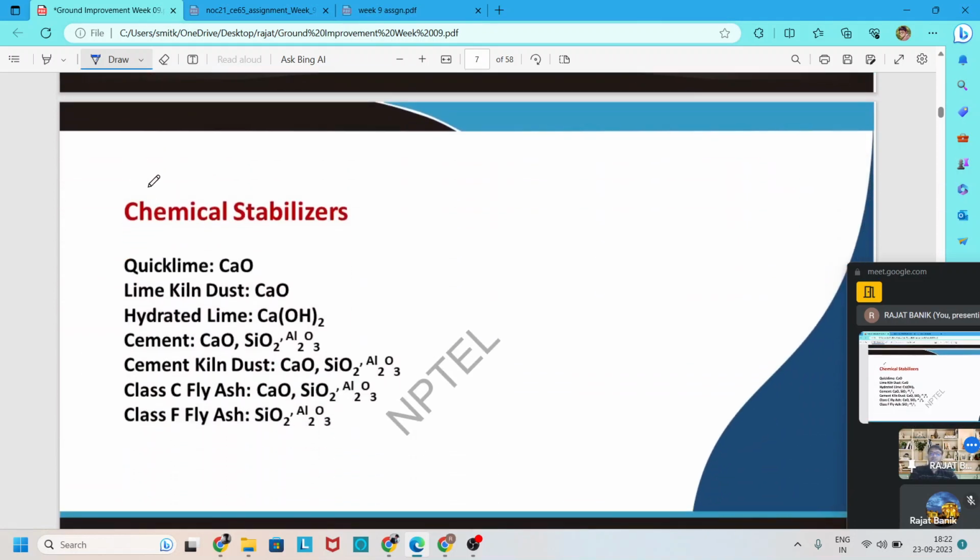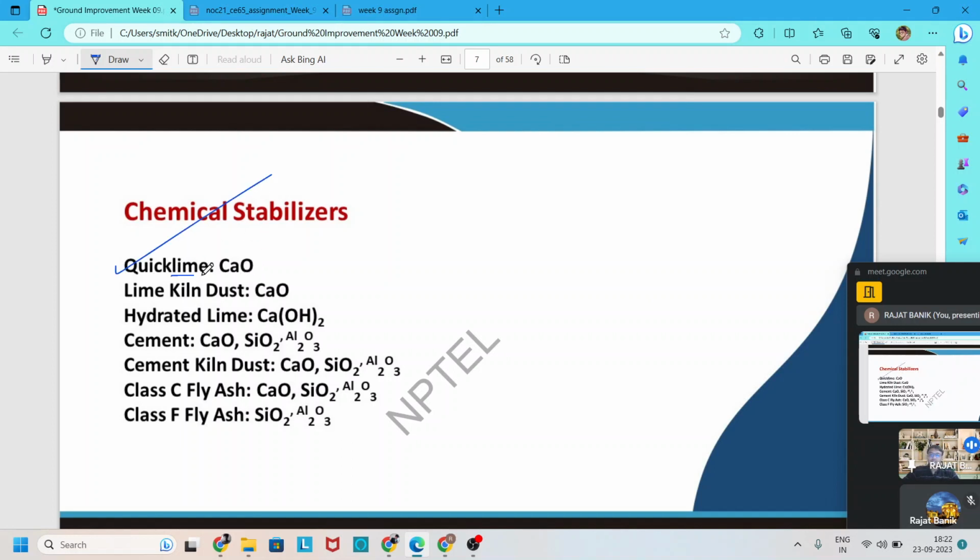Now we discuss chemical stabilization. Before discussing chemical stabilization, we discuss the different chemical stabilizers. What are the different chemicals we use to improve our ground? Here a few examples are given.